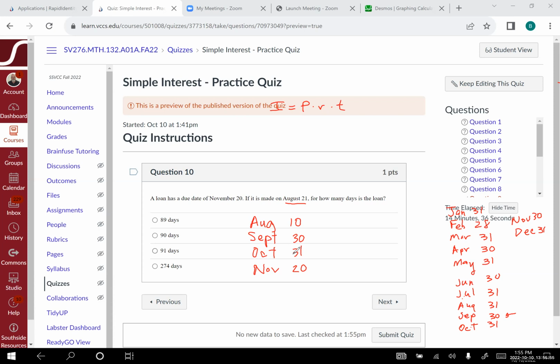I get 91. Is that what you got too? Yes, I have a 91. Very good. Okay, good. We agree. So there are 91 days in this loan. We don't have to do anything but that.